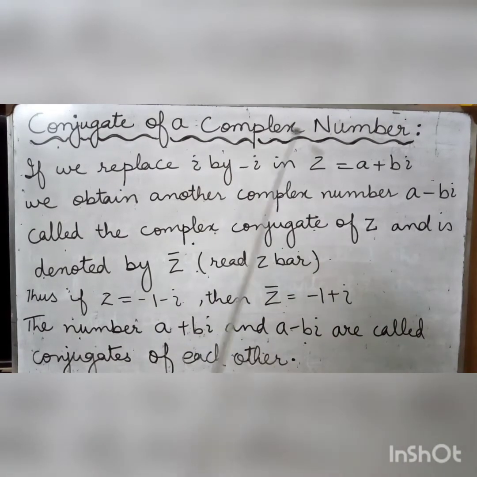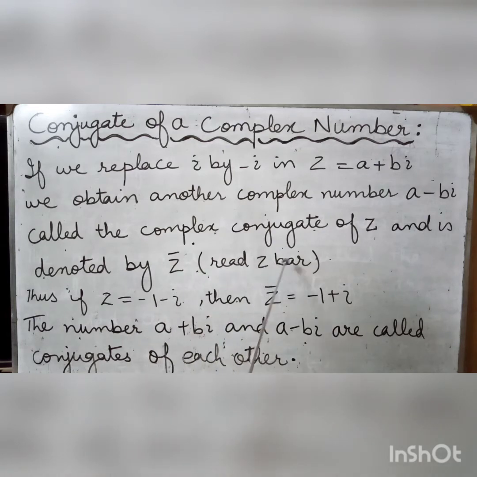Conjugate of a complex number. If we replace iota by minus iota in z is equal to a plus b iota, we obtain another complex number a minus b iota, called the complex conjugate of z, and is denoted by z bar.